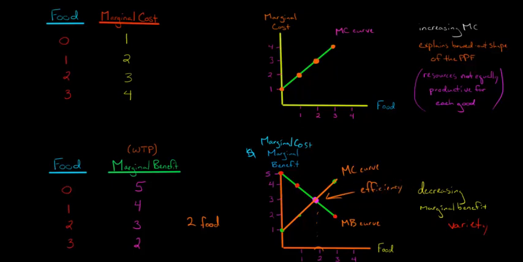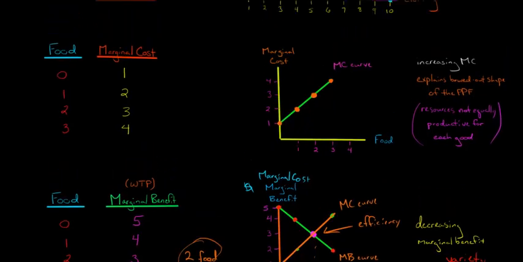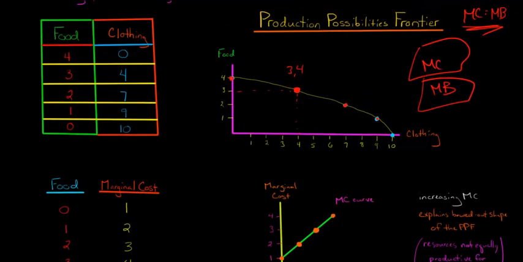Remember we've got 2 food. 2 food corresponds to 7 clothing. When we have 2 food, the most clothing we can have is 7. That's this point right here, point 2-7. This is the bundle of goods we want to produce. Point 3-4 is also efficient in production, but it's not allocatively efficient.